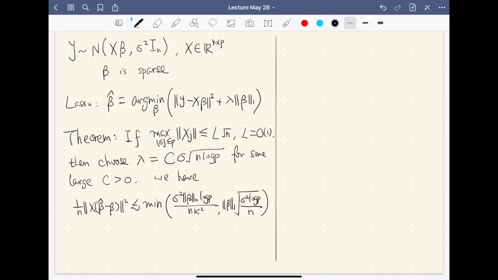Moreover, for the estimation error, which is the error for beta directly, that's just the prediction error divided by another factor of kappa squared.